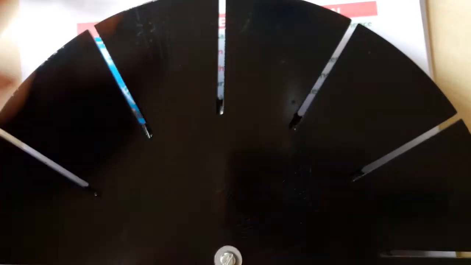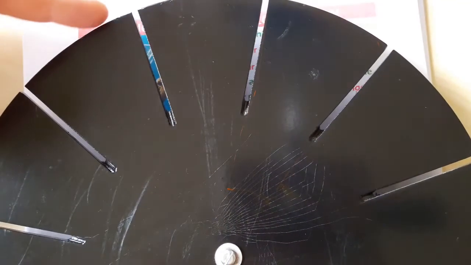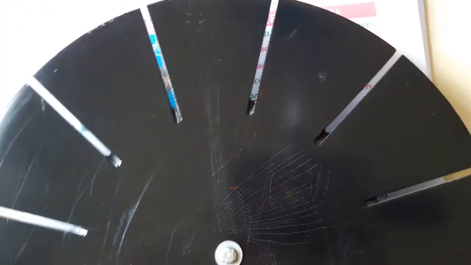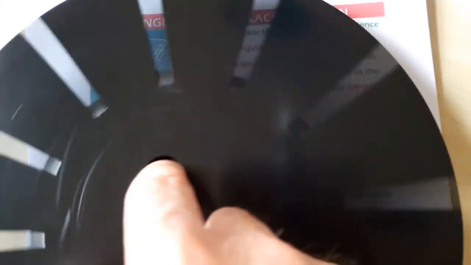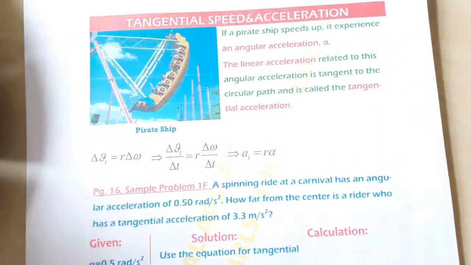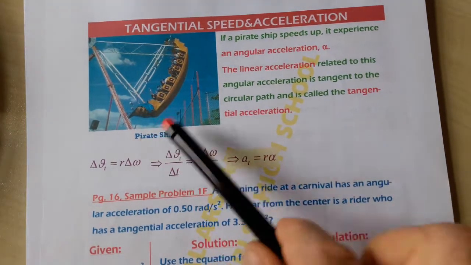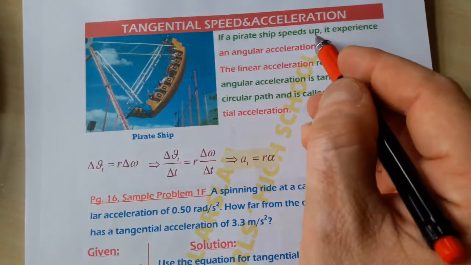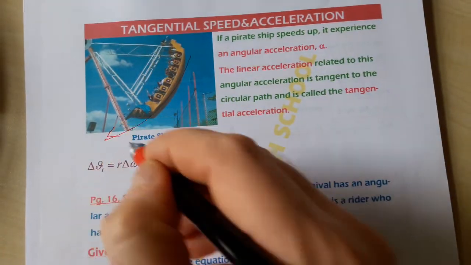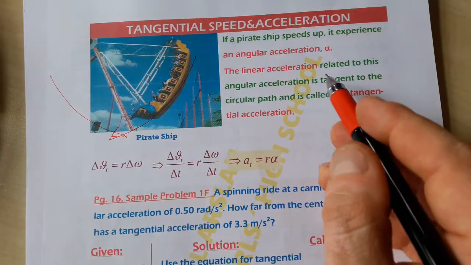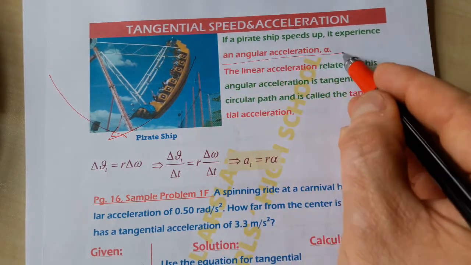From the tangential speed change of any point, we calculate the tangential acceleration. So it is for a speeding up or slowing down rigid object. The pirate ship is an example. If it speeds up or slows down, it has an angular acceleration.